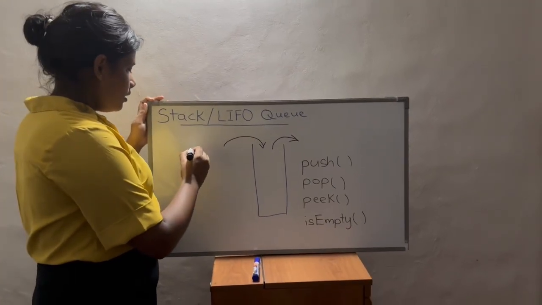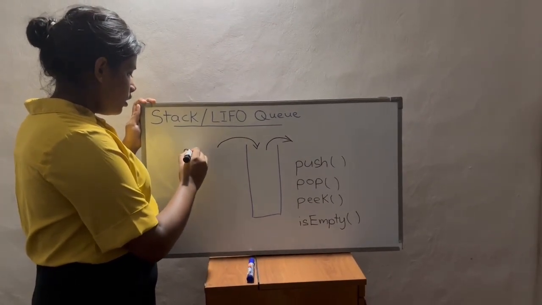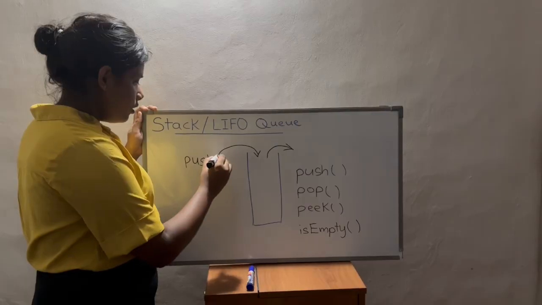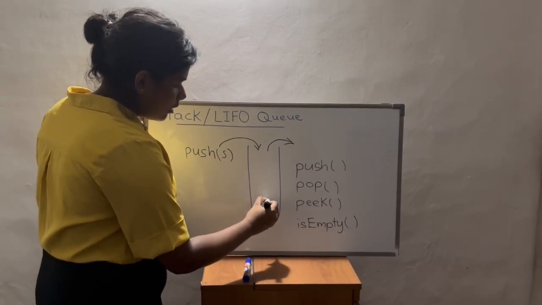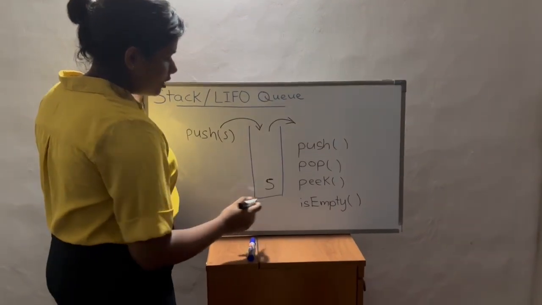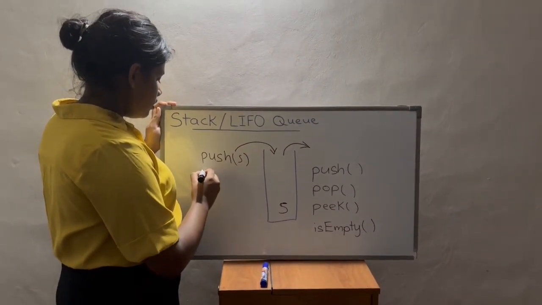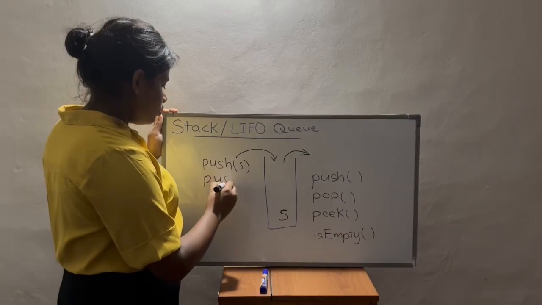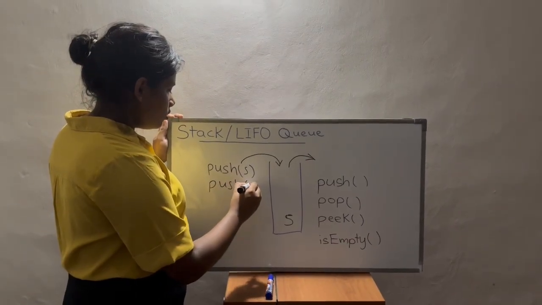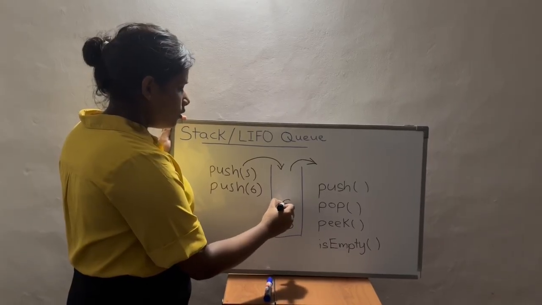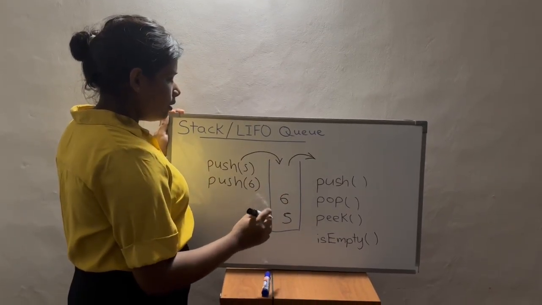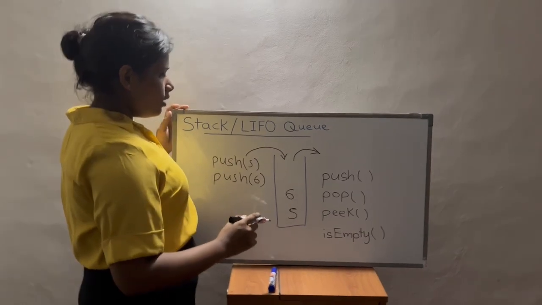For example, let's say we push 5 into the stack, it will be stored like this. And next, let's say we push 6, it will be stored on top of the last element we pushed into the stack.